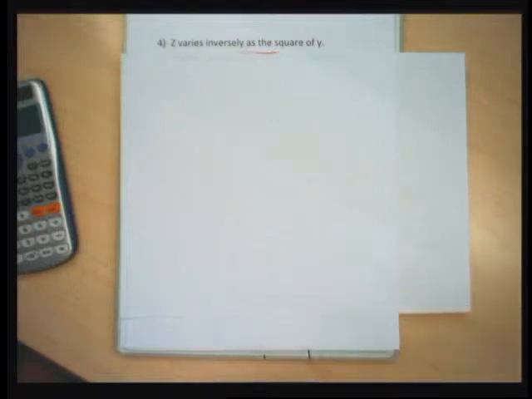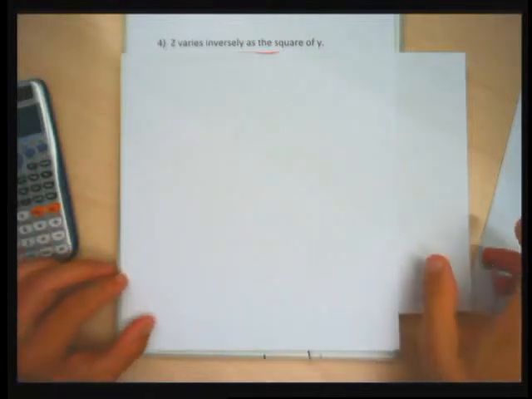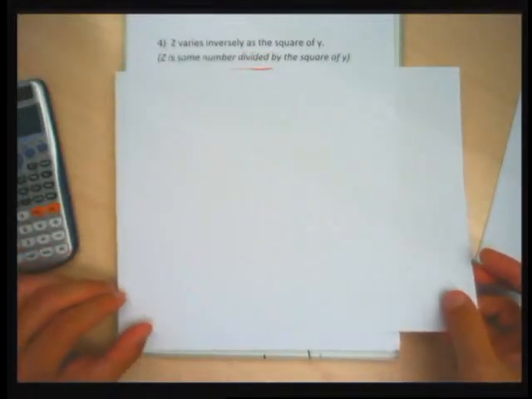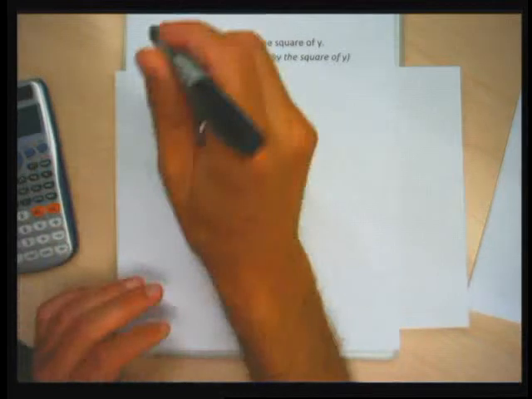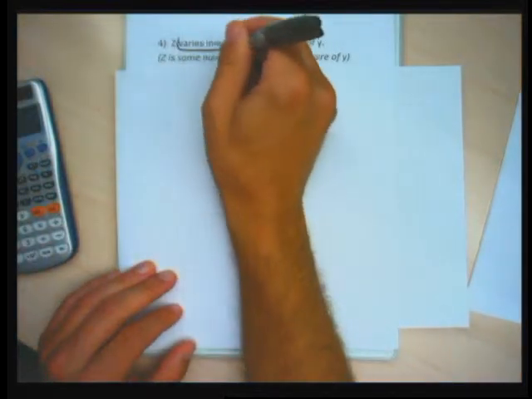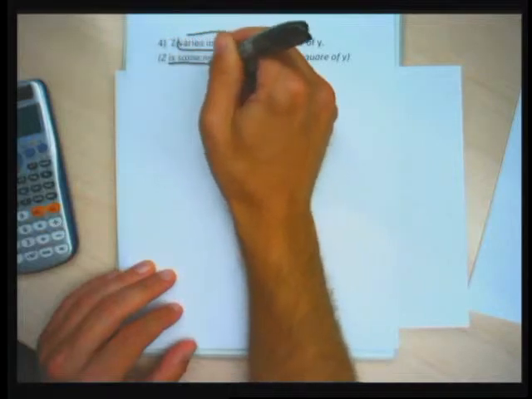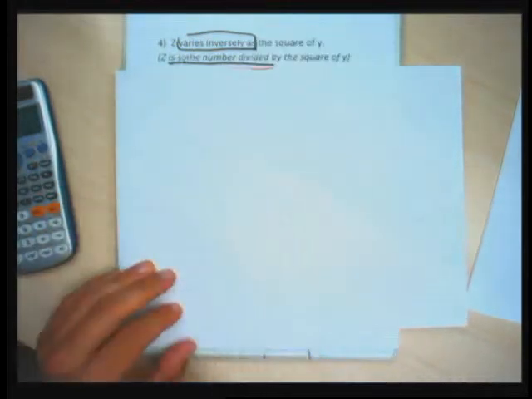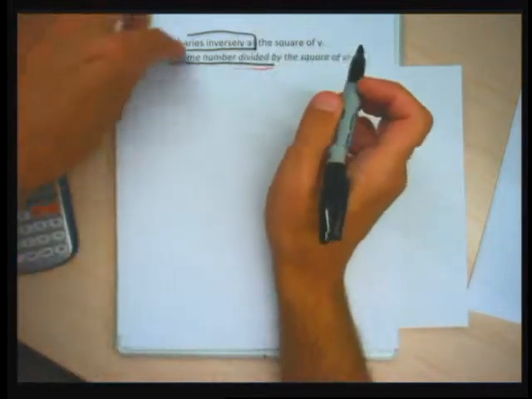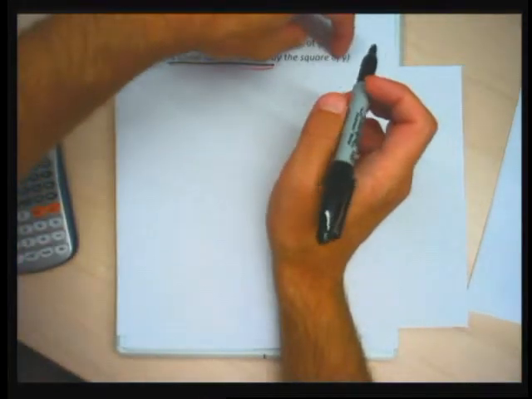But if you don't, you can change the words varies inversely to is some number divided by, and that's what I did parenthetically under my problem. So even though it's not given, the words varies inversely as can be changed to is some number divided by. And then I left the rest the same. I left the z, I left the square of y.